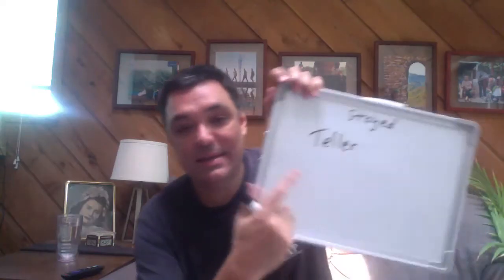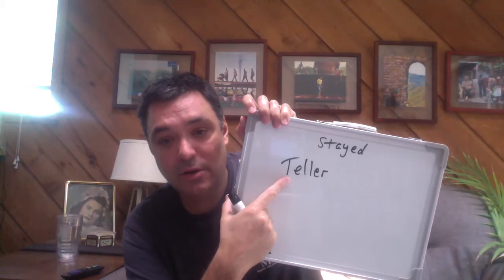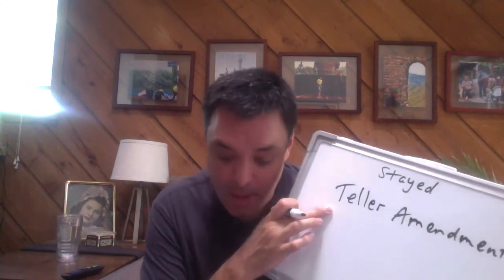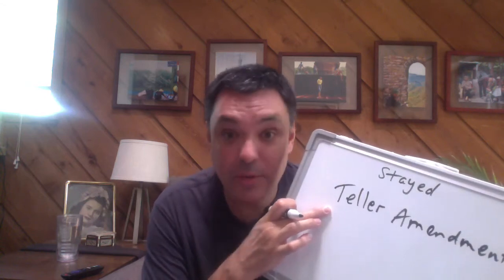All right, so now let's go to the Teller Amendment. We're going back to before the war. Before the war, there was the Teller Amendment. These amendments are named after people, so this is probably a man whose last name is Teller. But anyway, I do know what the Teller Amendment was.